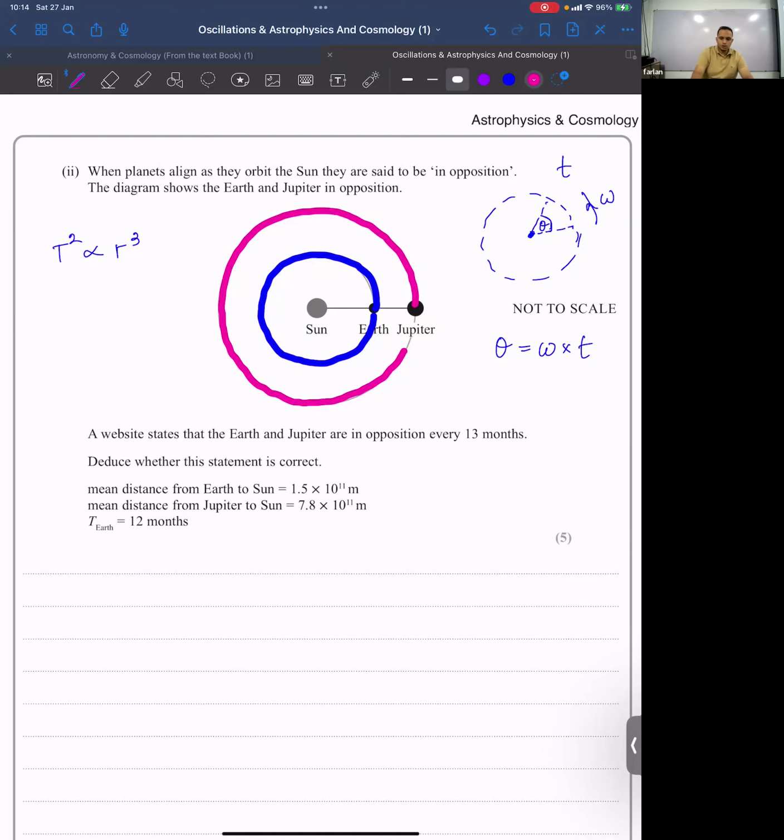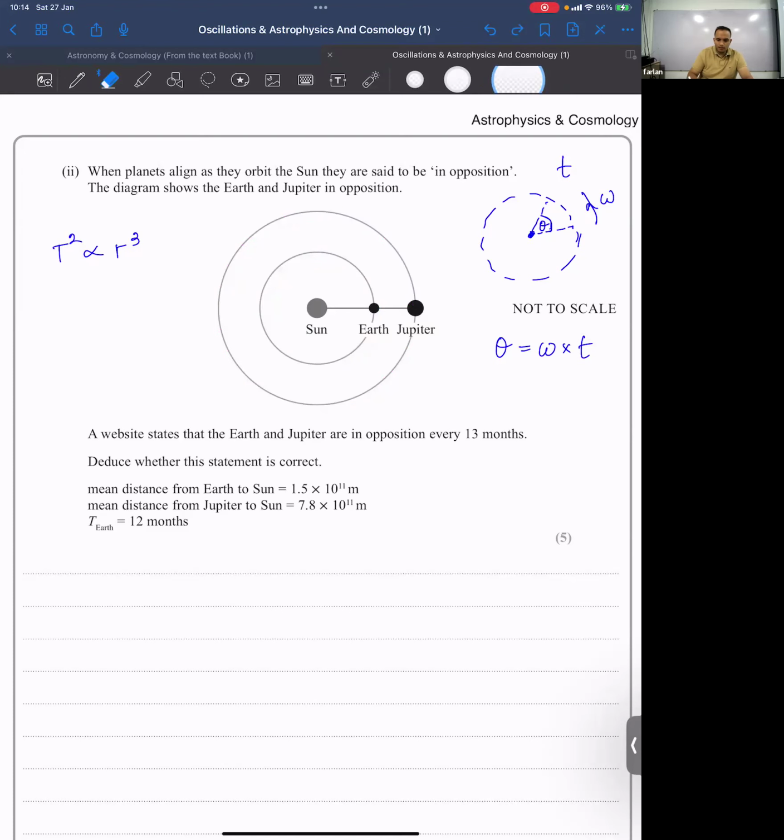Okay. So the question is, after how long, a website states that Earth and Jupiter are in opposition every 13 months. What is meant by opposition is Sun, Earth and Jupiter will be in the same line. Correct?